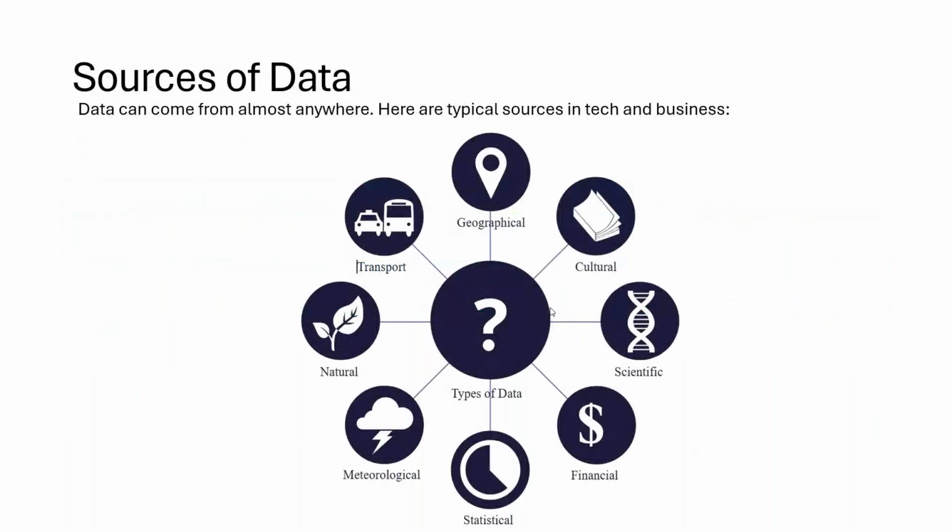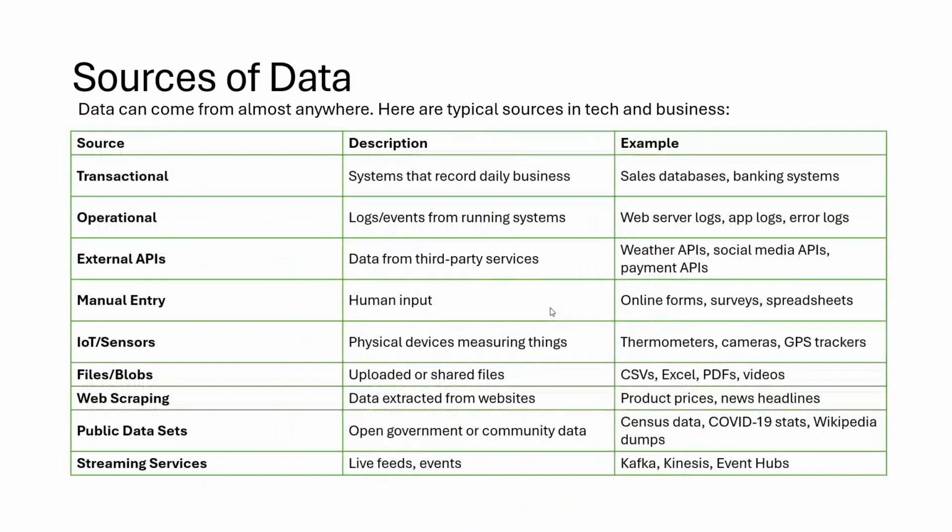Now, what are the sources of data? Plenty. Nowadays, if you look at big AI and ML, the source of data can be literally anything. But we have identified some of the most popular sources in our domain, like transactional data, something like a sales database or banking system; operational data like web server and app server logs, error logs, and traces; and API data like weather APIs, social media APIs, and payment APIs.